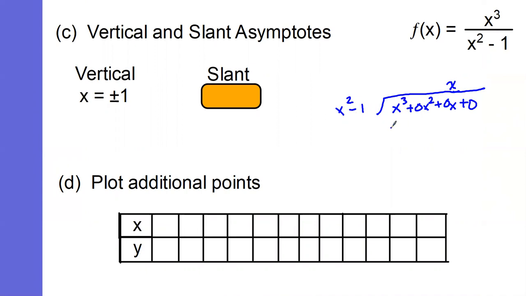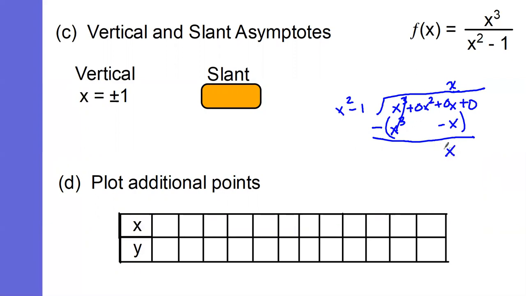X times x squared is x to the third. X times negative 1 would be minus x. So I'm going to subtract: x cubed minus x cubed, those are gone. 0x squared minus nothing, there's nothing there. 0x minus negative x is the same as adding, so this will be positive x.